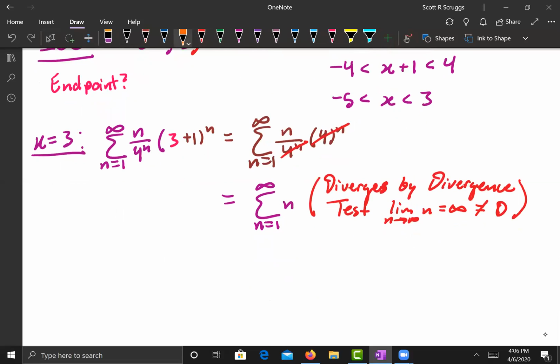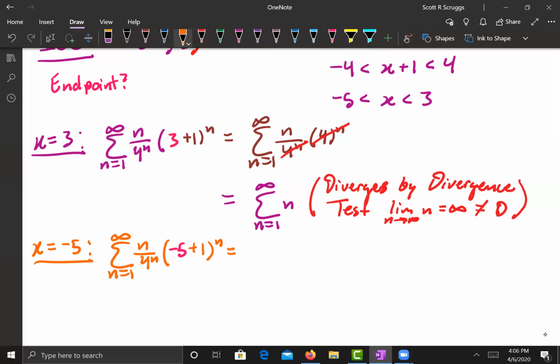So let's now repeat our work at -5. Let's see what happens there. Again, sum n equals 1 to infinity, n over 4^n. I plug in -5, plus 1 to the nth power. -5 plus 1 on a good day better give me -4.